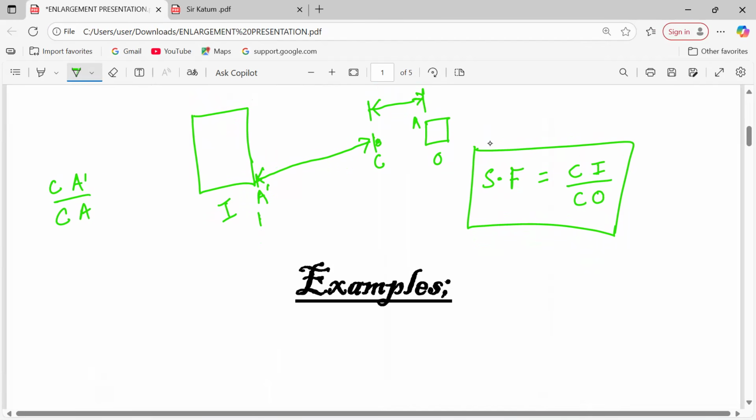But for this particular case, the value you get, you have to introduce a negative, because you can see with reference to the center, the image and object are on opposite sides.